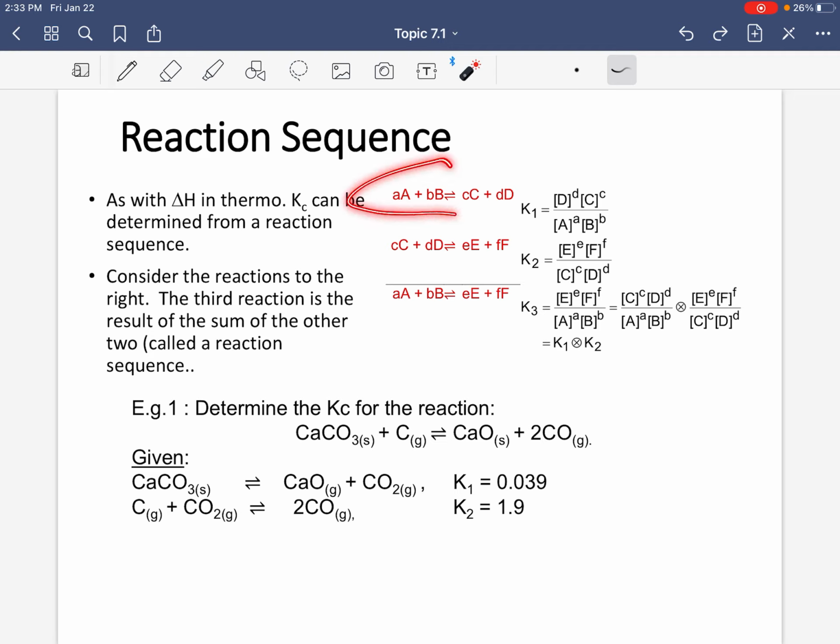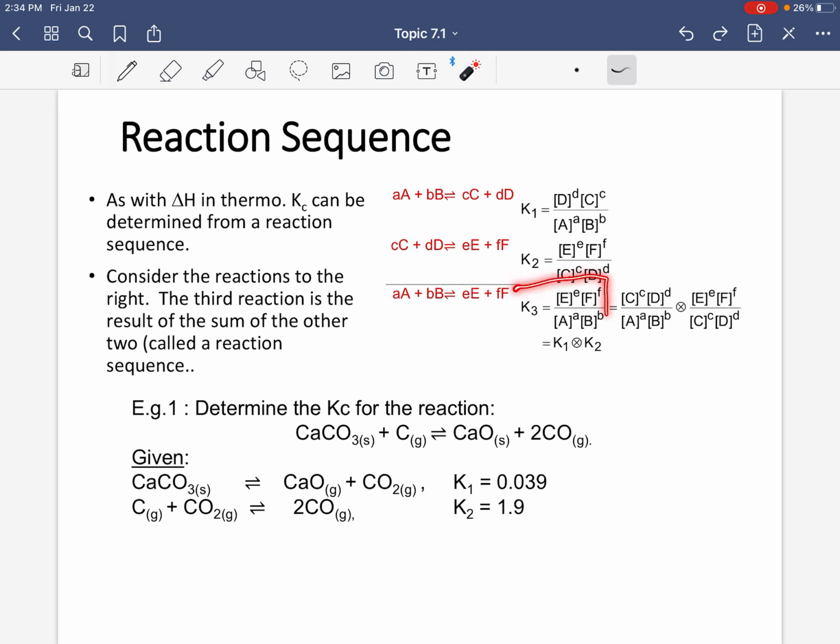So if this is step 1 of the reaction, obviously this can give you an expression known as Kc1, or just K1. If this is the second equilibrium reaction, we can call this Kc2 or K2. If this is the overall expression, all you have to do is take K1 and multiply it by K2 to get your K3, which is your ultimate reaction.